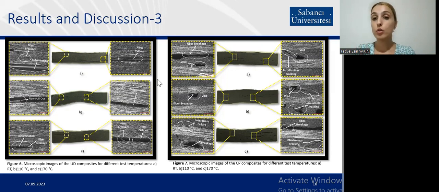And this decreased intimate contact leads to decreased interfacial bonding. For the cross-ply lamination, you can see different kinds of failure types: fiber breakage, interface failure, and intraply cracking, especially around the TG and above the TG, at 110 and 170 degrees.